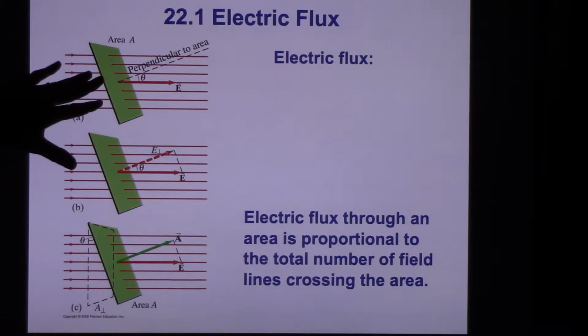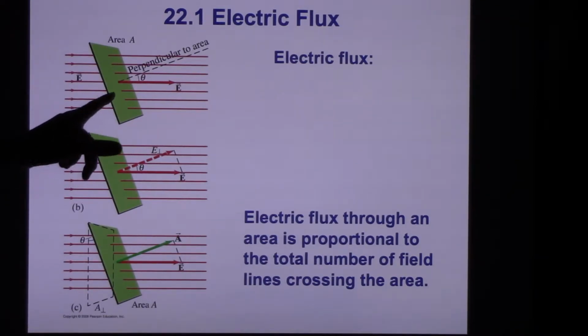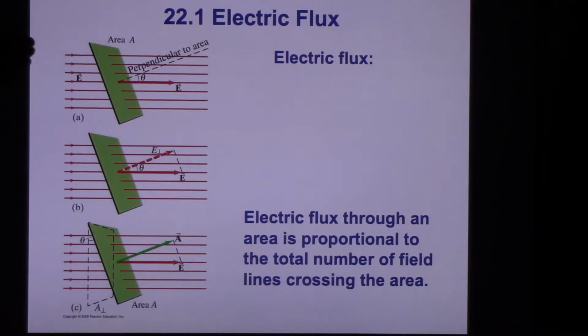Now, I could turn the area in a way where the E field lines miss that area. I could turn it in a direction where none of the E field lines are directed across the area itself. And remember, with the electric field lines, nothing's moving here. So what we're really referring to is the orientation of the electric field.